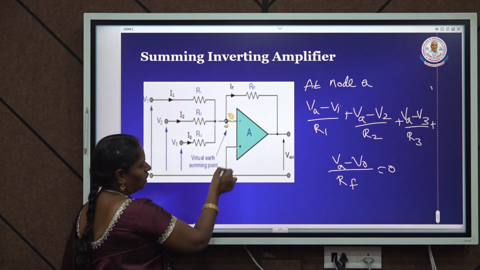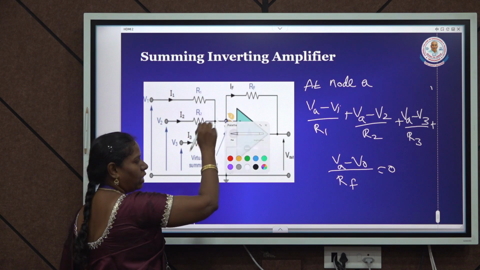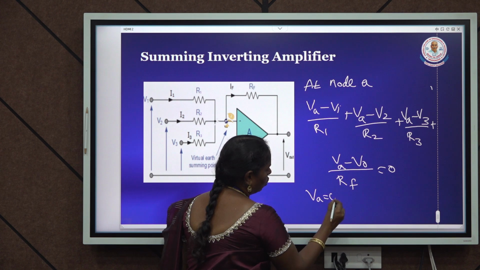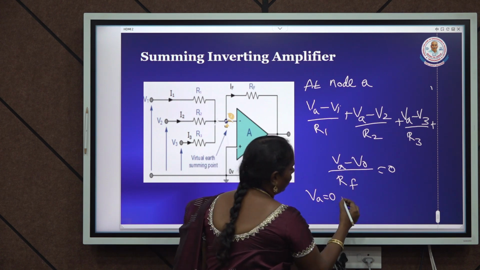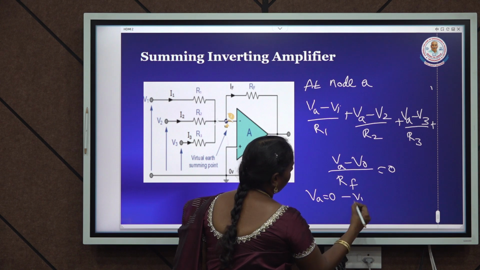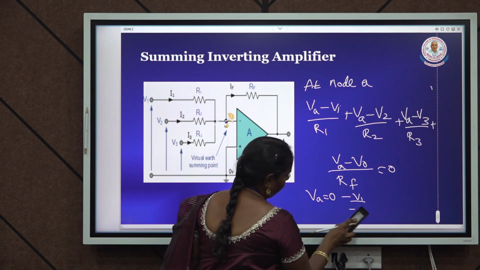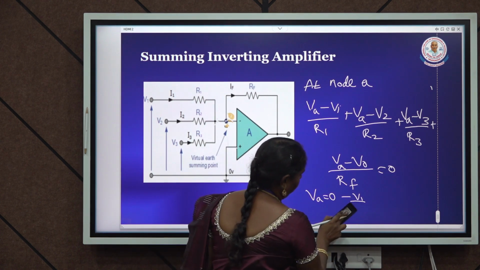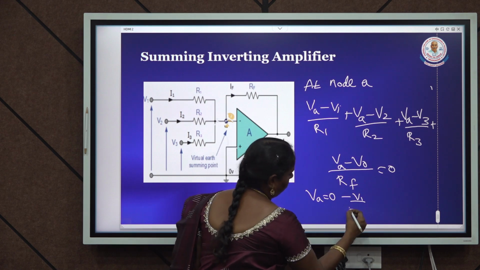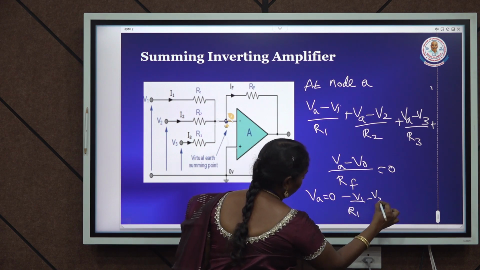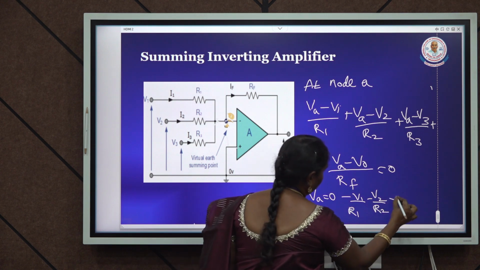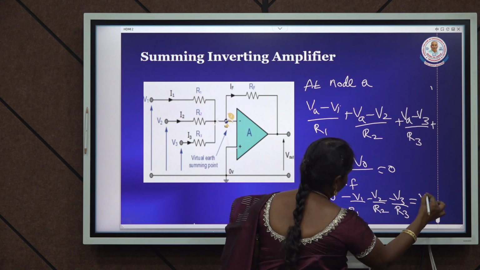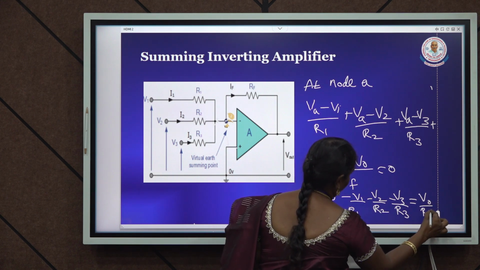The plus terminal is grounded and hence the voltage at the point VA is also 0. I am substituting the VA value as 0. So, the equation can be changed to minus V1 by R1 minus V2 by R2 minus V3 by R3 equal to V0 by RF.